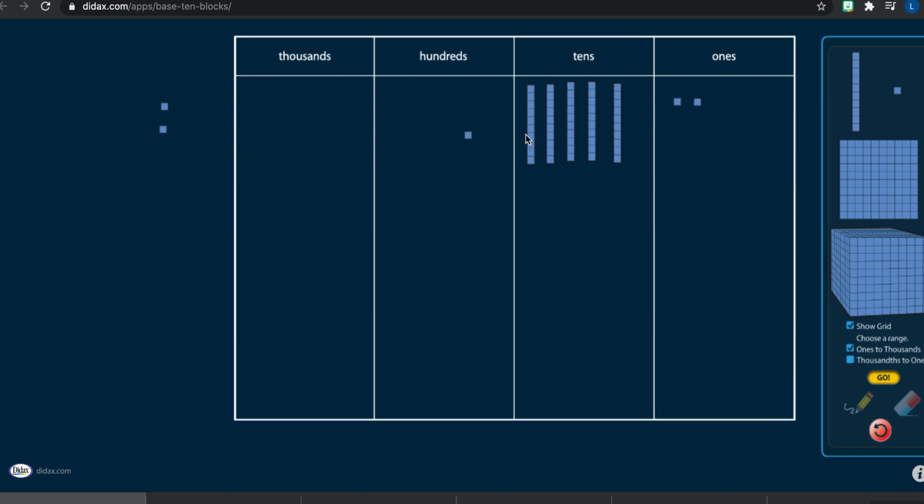Now, I find this easier once I have put like things together. Now, I'm going to start with how many ones do I have? So I have, over here, let's count. 1, 2, 3, 4, 5.